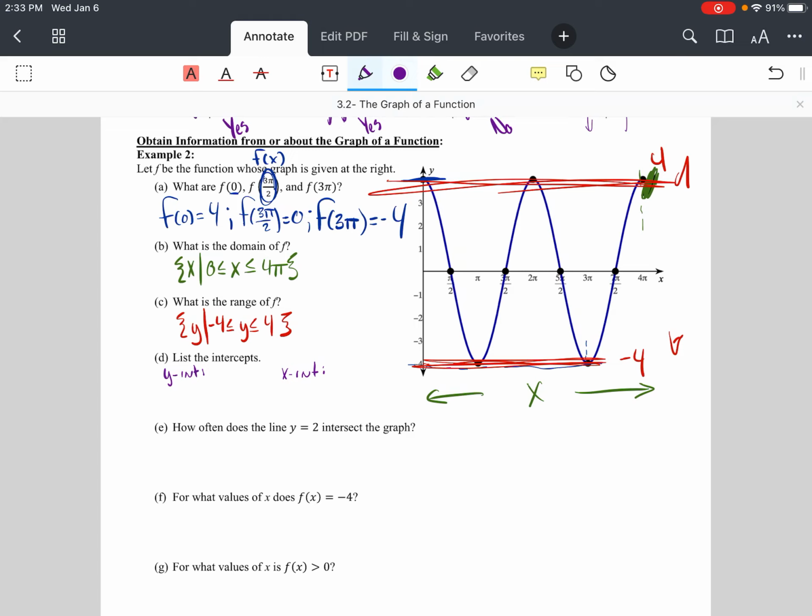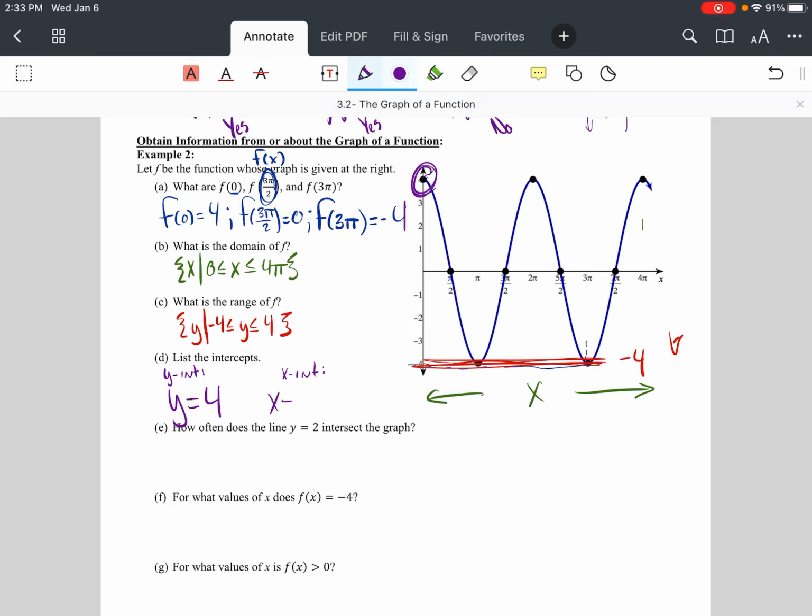So let's take a look at this graph really quickly and determine where it might cross through the y-axis. Notice that the only place that it actually touches the y-axis is at 4. So my y-intercept is at y equals 4. And that's all we have to do for the y-intercepts.